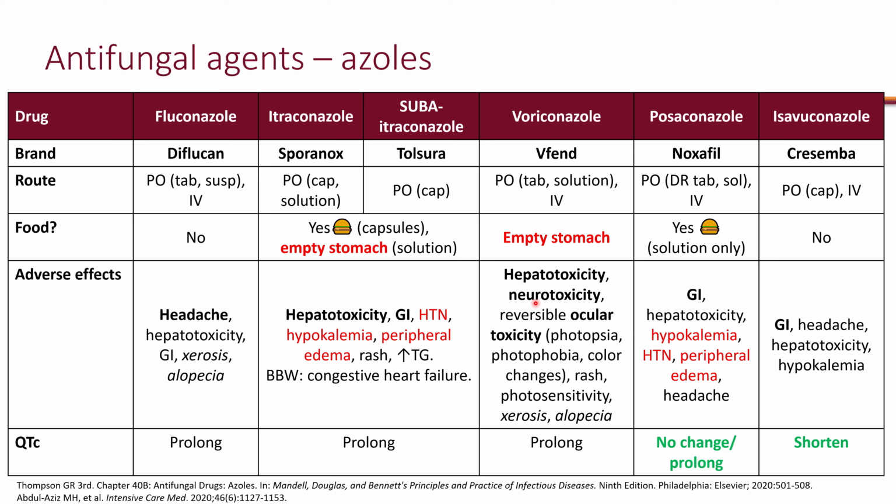It can also lead to neurotoxicity, specifically reversible ocular toxicity such as photopsia, photophobia, and color changes. It can also lead to rash and photosensitivity, and with long-term use, similar to fluconazole, this can lead to cirrhosis and alopecia, and it also causes significant prolongation of QTc.